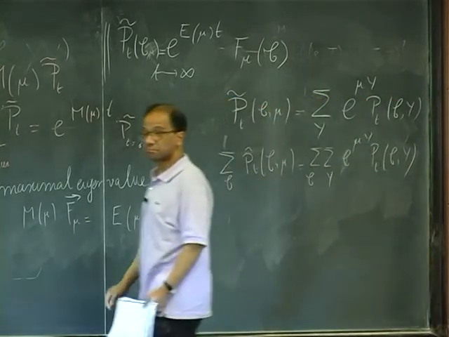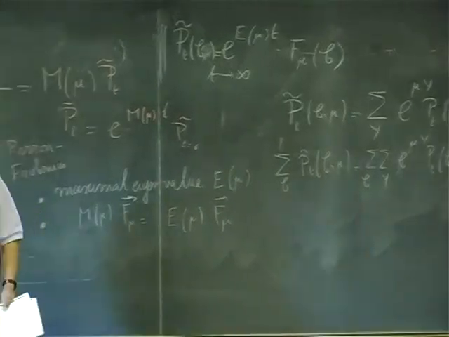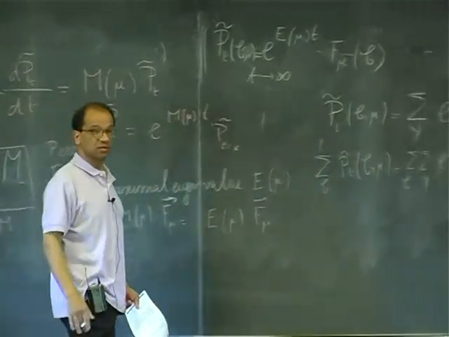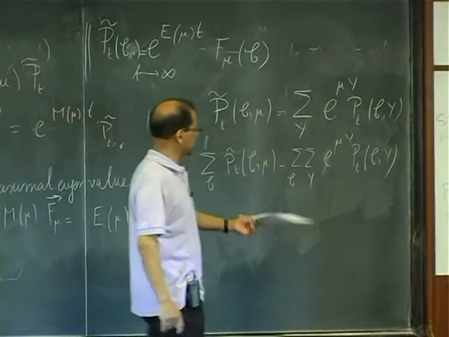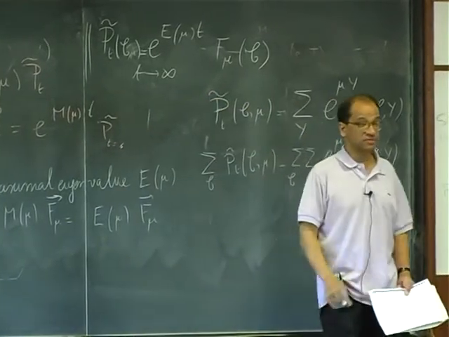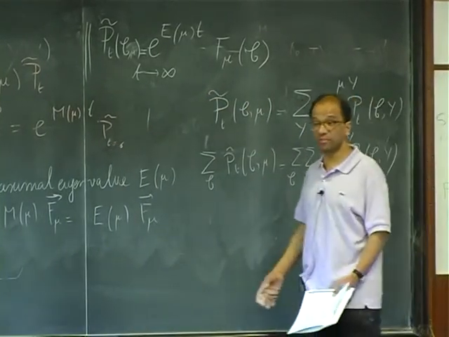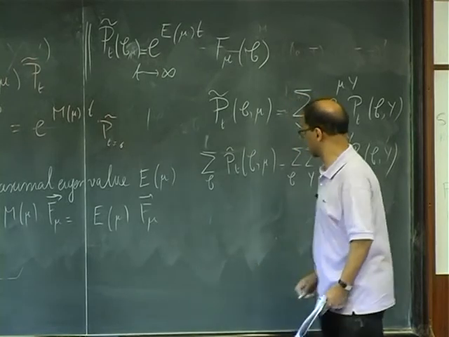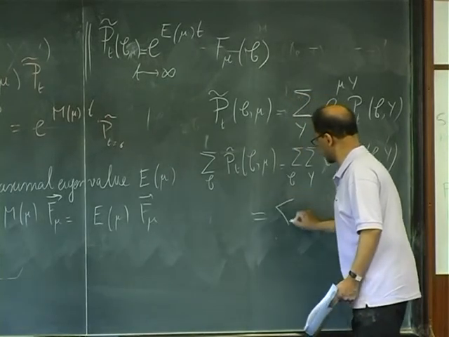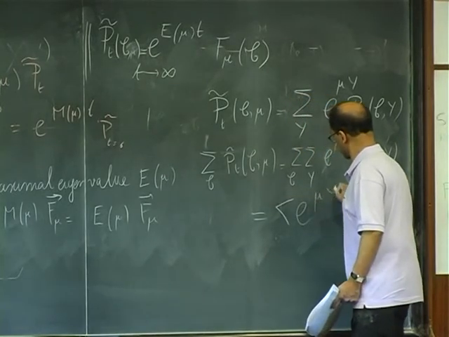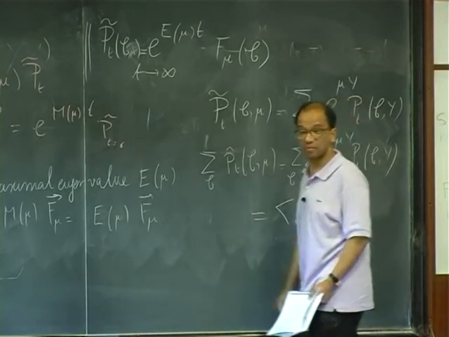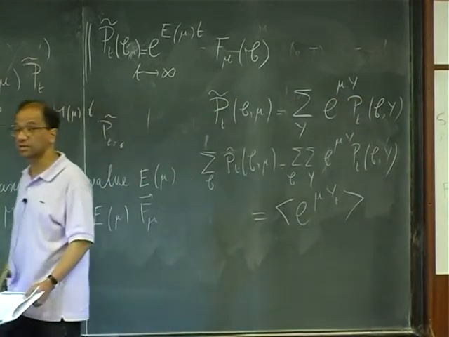Summing over C just eliminates the variable C. I have the marginal of the distribution of y. So this is just the sum over y of exponential mu y probability of observing y. But this is nothing but this thing, which is the object I'm interested in from the very beginning.